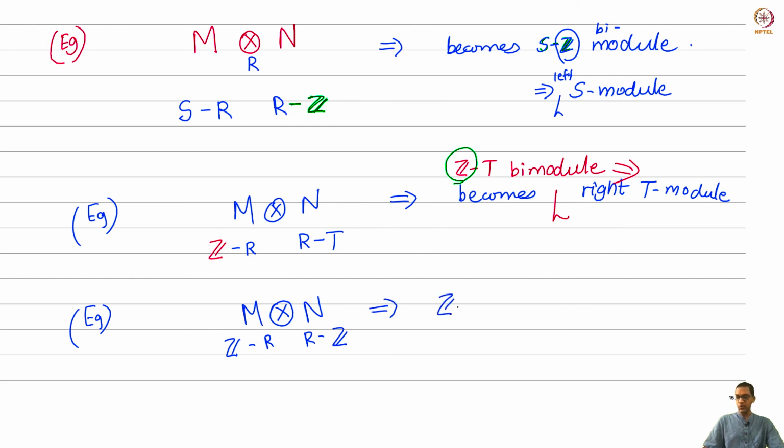So the end product is only a ZZ bimodule, and the Z puts no further structure here. It turns out just to be a Z module. And that was the starting point really. So this collection of facts about bimodules is very, very important, because usually it's not just the Z module structure we are interested in. M and N will often come with some additional structure, so we need to know how that is inherited by the tensor product.